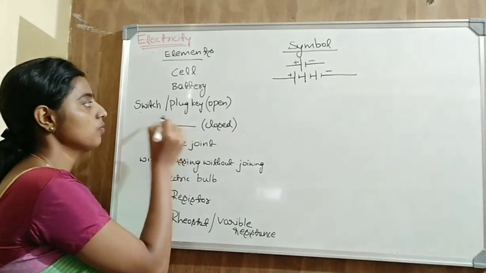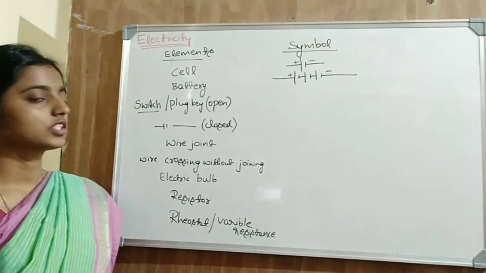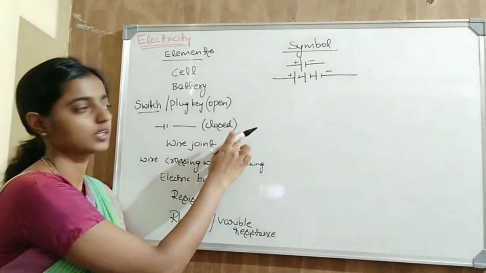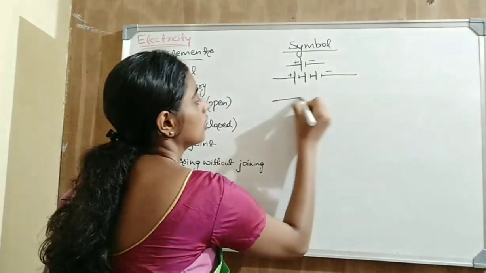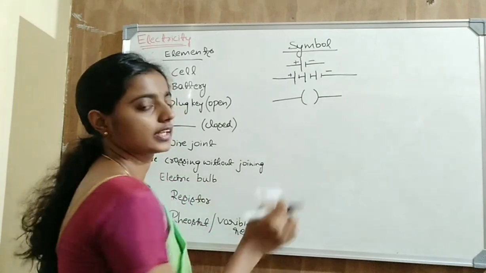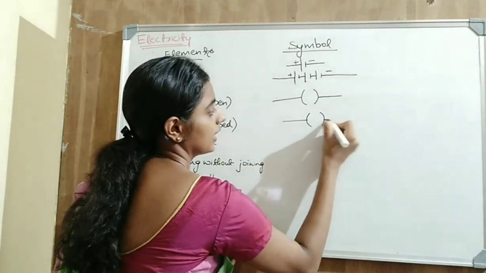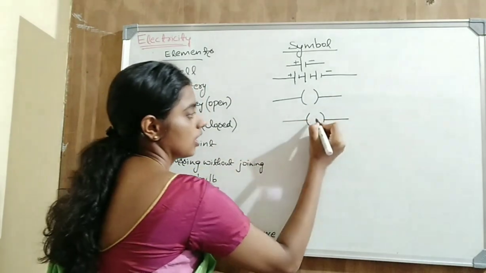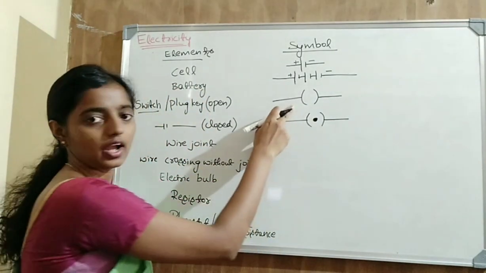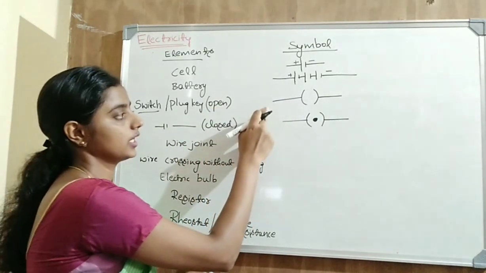Now next we have switch. It is also called plug key. In this switch we have two types, open switch and closed one. It looks like a bracket which is connected to connecting wires, and the closed one is like this, but the closed one has a dot in between the bracket. Here we don't have a dot for the open plug key.